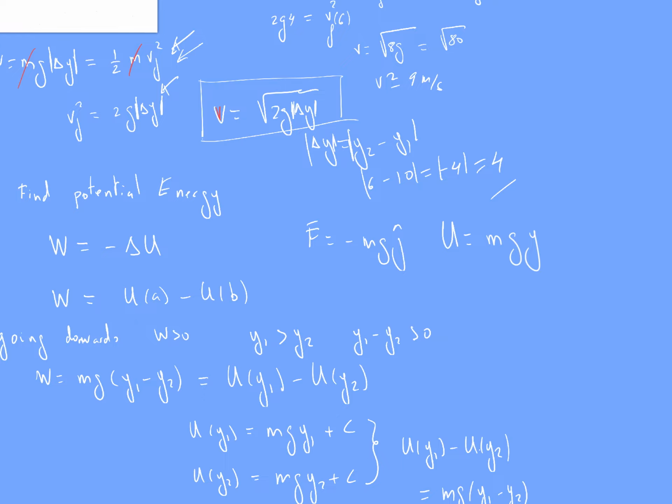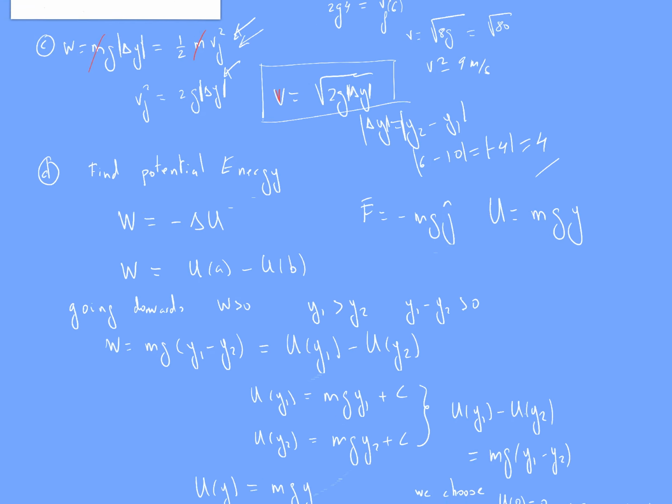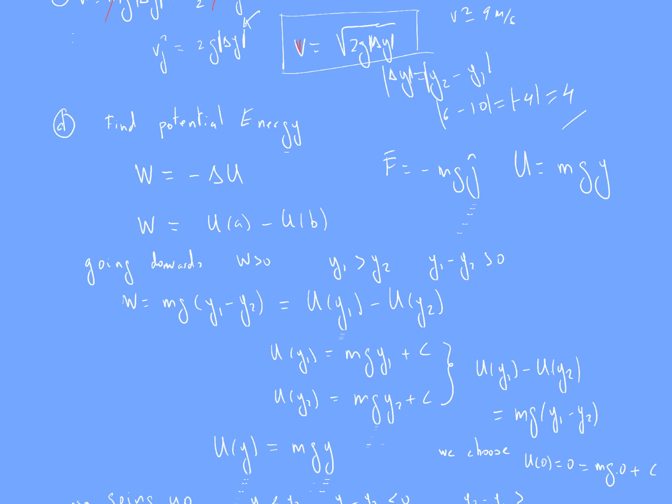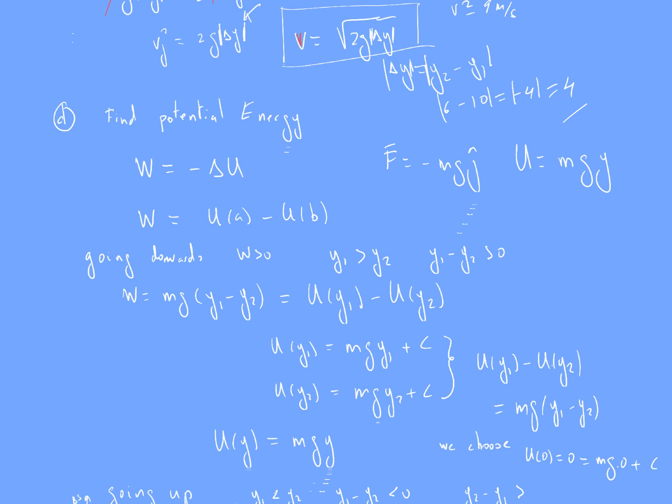This is what we are going to prove. We already proved it in class, but we are going to prove it again in case you have not gotten all the details. So the work done by the weight, because we are to find the potential energy of this force, is the work of this force.